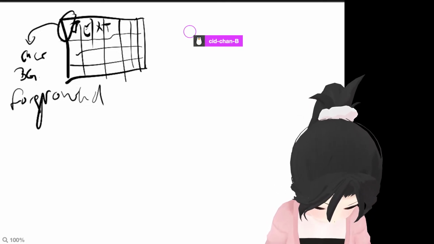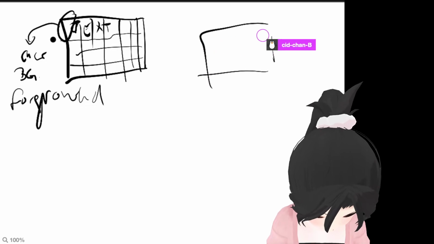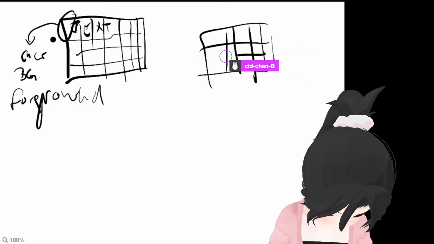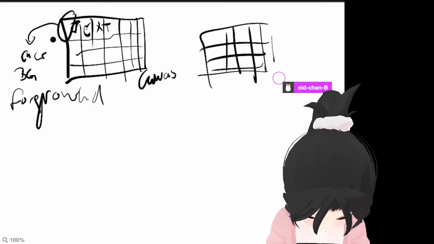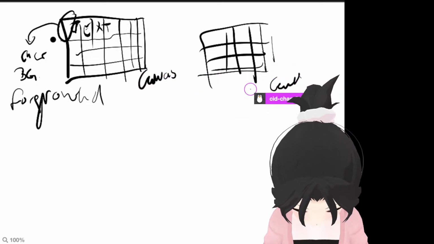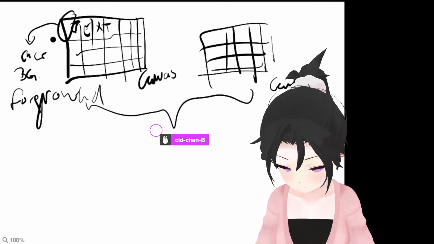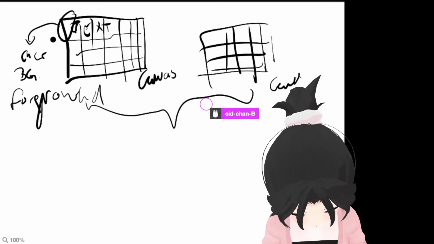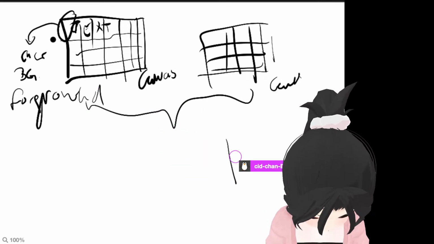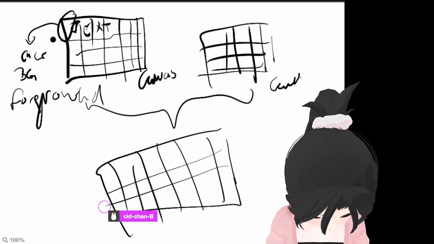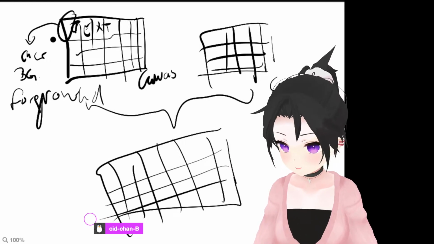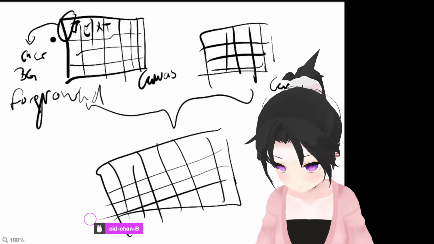And then we are going to take many of those, let's call them canvases, and combine them successively into a larger canvas that in the end will represent our whole terminal.